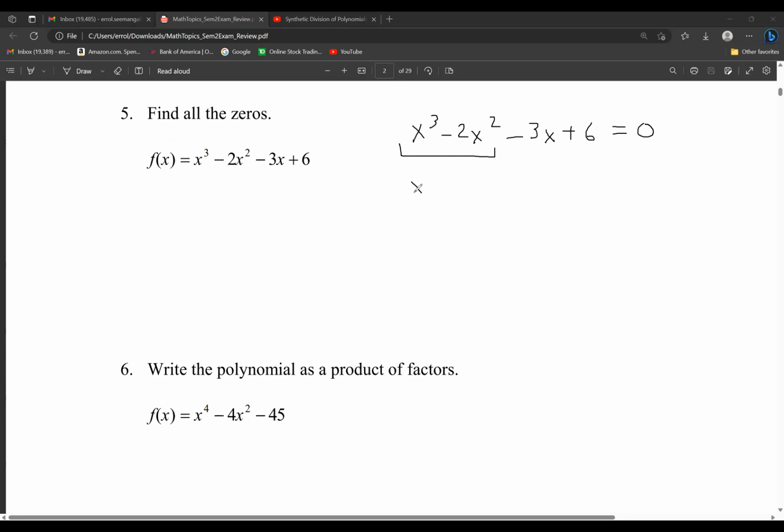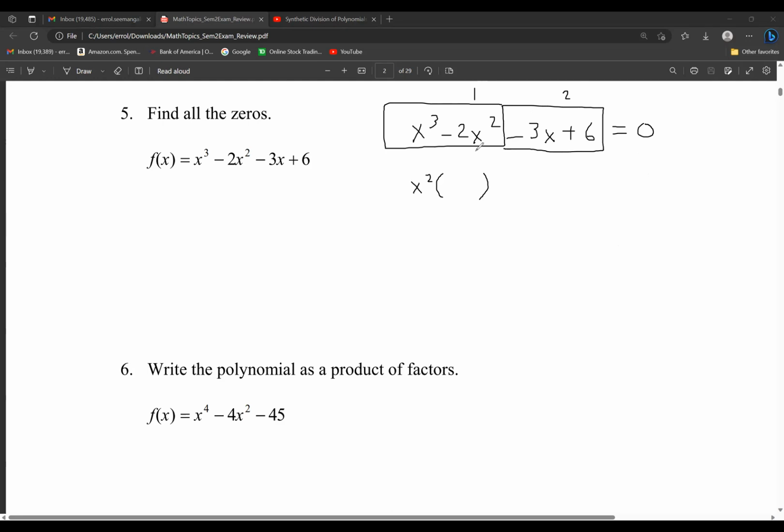What's on the inside of the brackets? I'm not sure, we're confused. We're factoring these two first, then we're going to factor these two second.